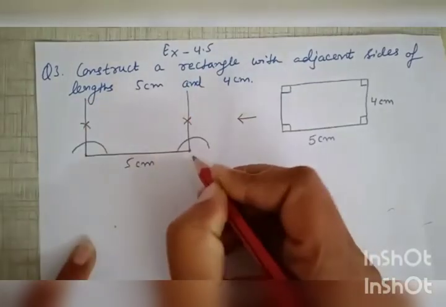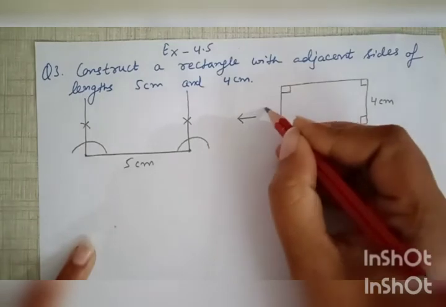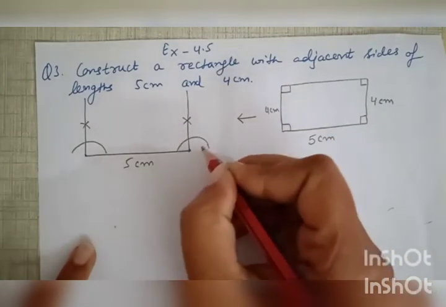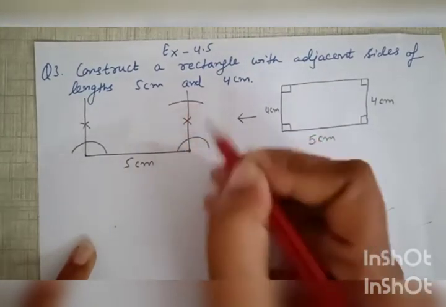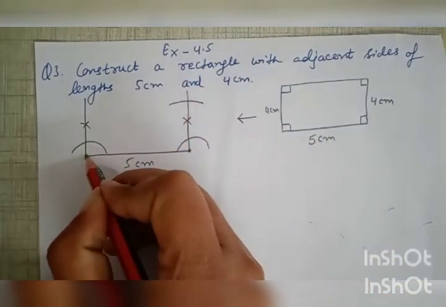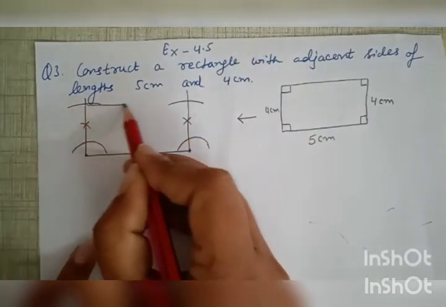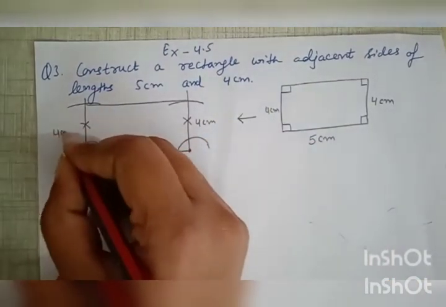Then we know that the breadth is 4 centimeter. This is 4 centimeter, it is also 4 centimeter. I will open an arc of 4 centimeter. I'll keep compass here and draw an arc of 4 centimeter. Then keep your compass here, draw an arc of 4 centimeter and join. So in this manner you can construct a rectangle.